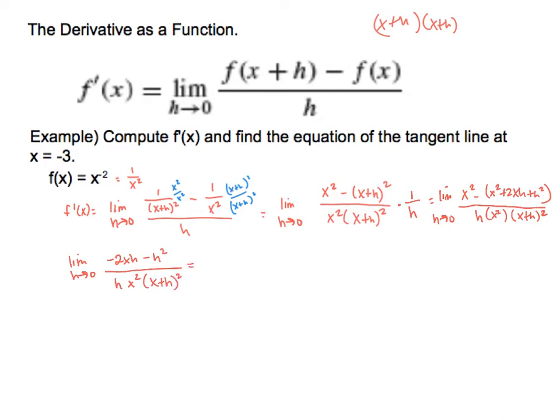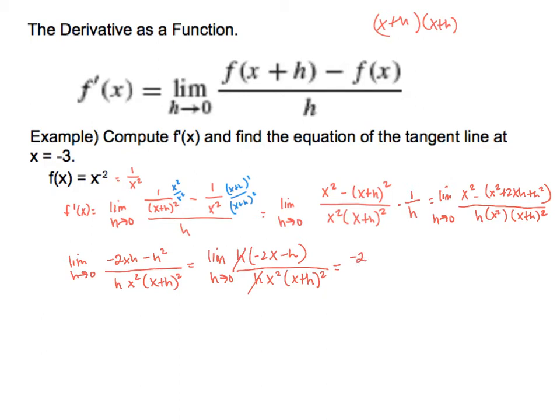Factor the h out of the numerator. Negative 2x minus h is left. And divide that h out, or cancel it out. Now we can evaluate the limit as h approaches 0 because the indeterminate form is gone. So remaining h's are replaced with zeros.